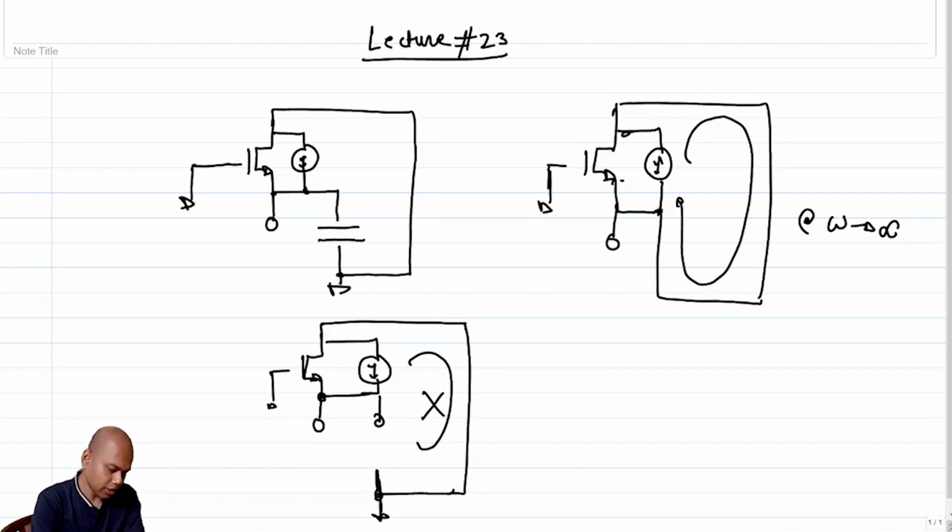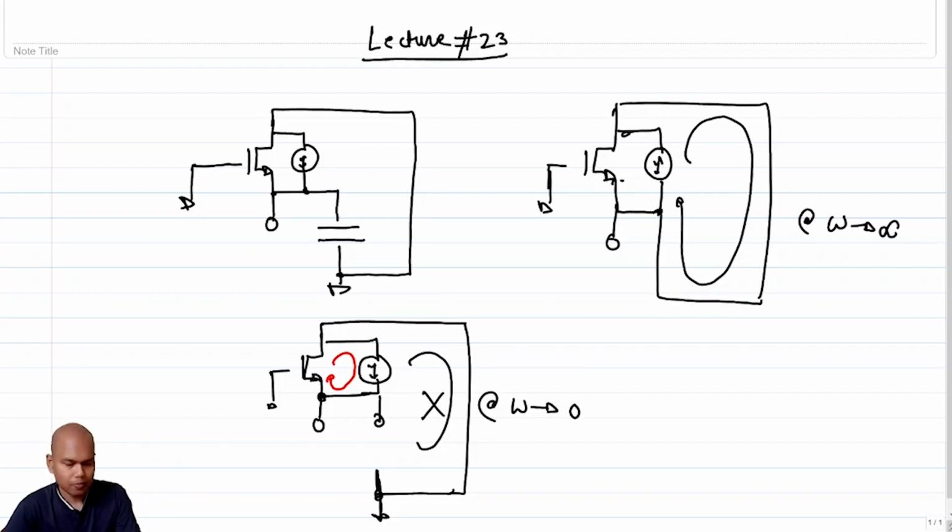So this noise current circulates through the transistor, right? So this is at omega tends to 0, correct? So obviously, as you keep on increasing frequency, this capacitor starts coming into the picture, and it gives a path for the noise, the cascode noise, to come out.